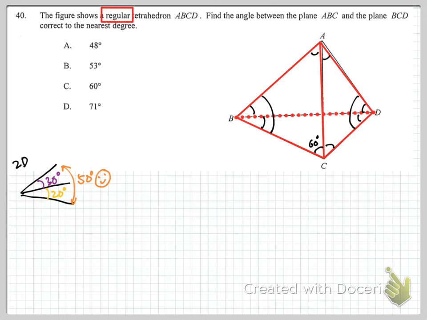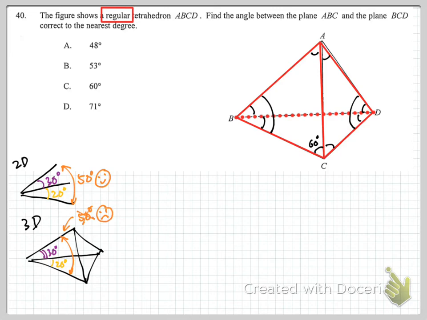However, if you change into a three-dimensional diagram, the purple angle is 30 and the yellow angle is 20. It does not mean that the orange angle is 30 plus 20. This is wrong if it is a three-dimensional diagram. So pay particular attention to this one.